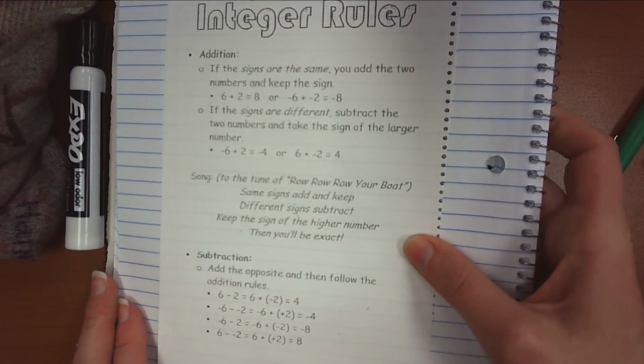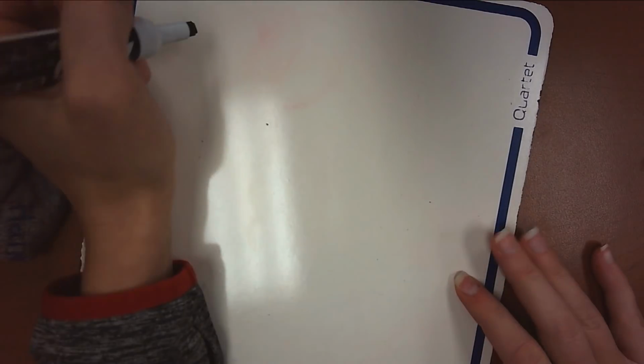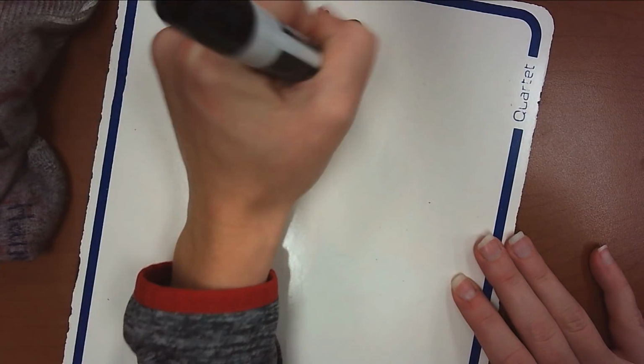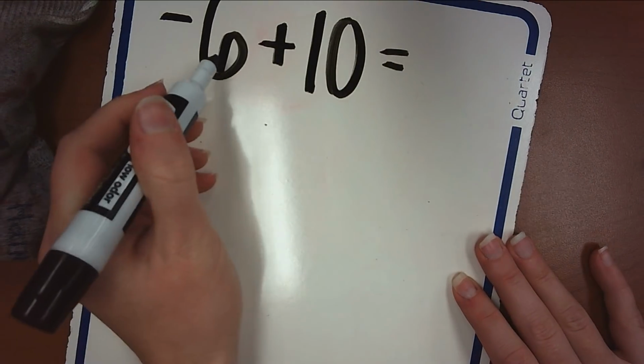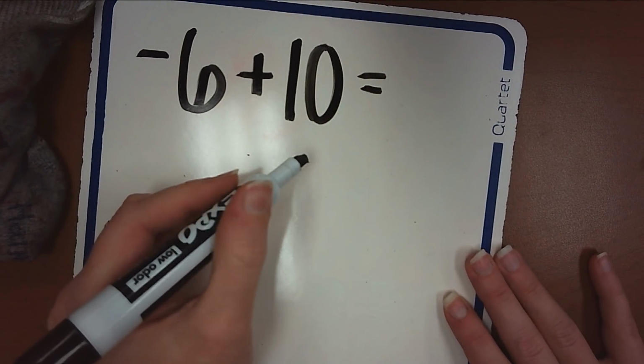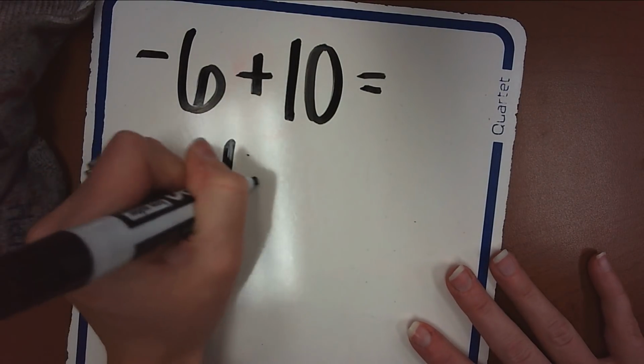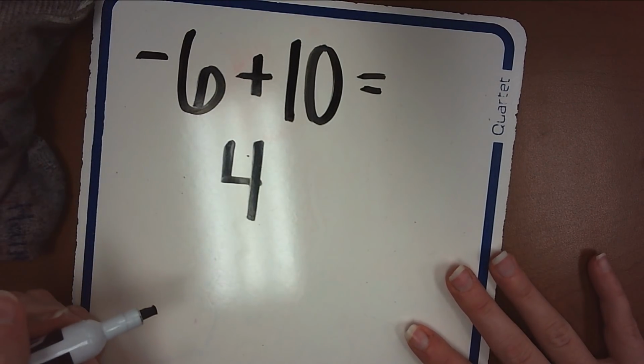But I just want to do a couple quick examples here of the adding integer rules. So if we've got negative 6 plus 10, signs are different, so we want to subtract, 10 minus 6, which is 4, and keep the sign with the greater absolute value.